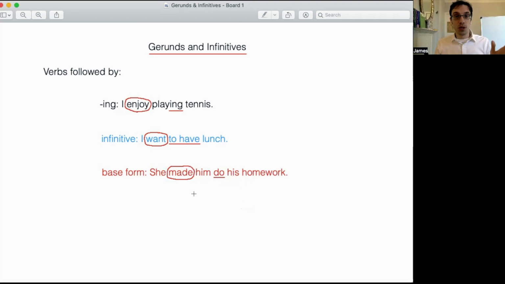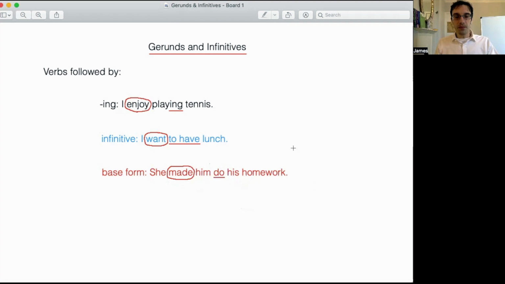So it's not to do, it's not doing, it's do. Okay. And if you're not sure what that means, it means she forced him to do his homework. But you can see if I change the verb to force, forced, then it becomes the infinitive. She forced him to do his homework. But if you use it like this and use make in the past, it is followed by do.